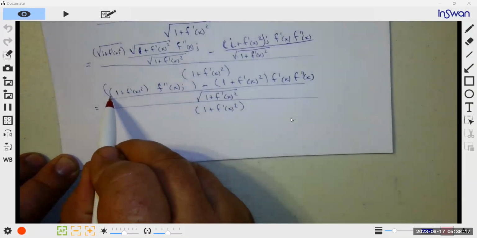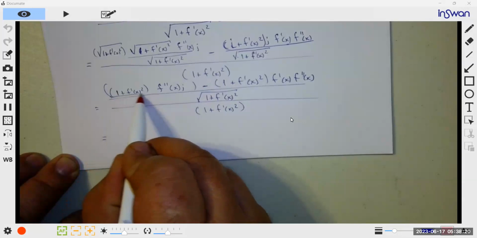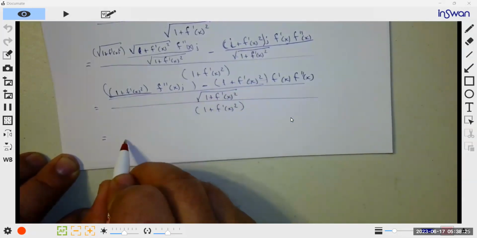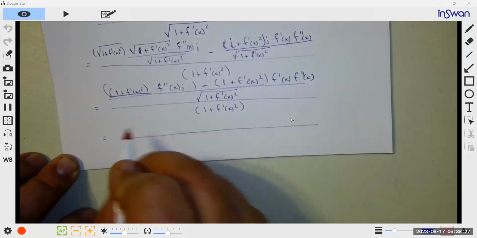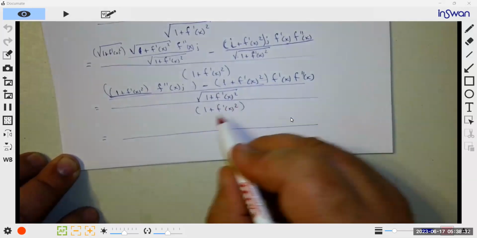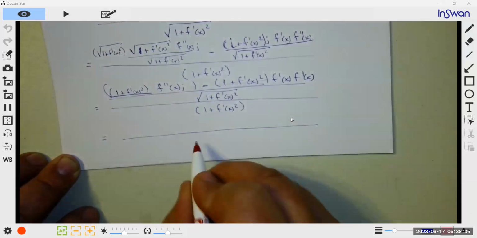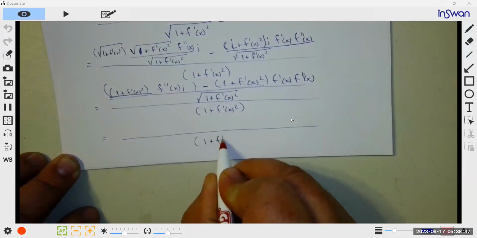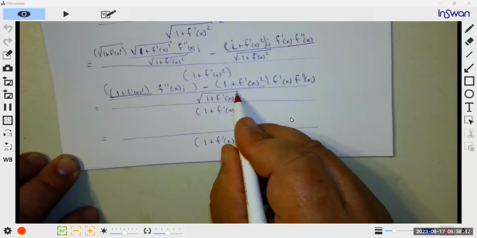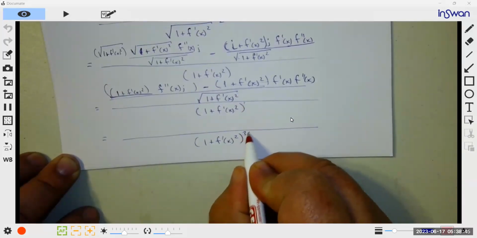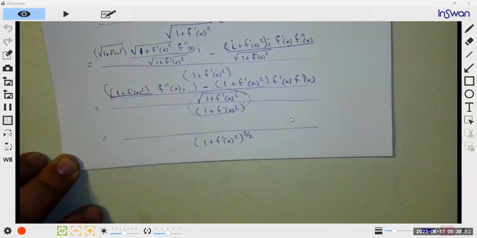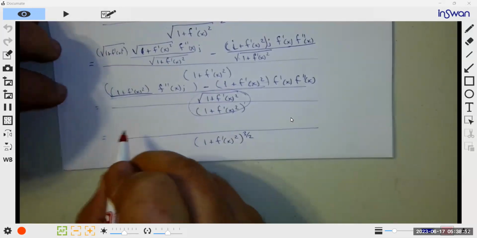Okay, we have this and this. We can factor out the top. Well, let's combine these. If we flip this over, then we have 1 plus f prime of x squared, this is 1, that's a half, so it's 3 over 2. Let's combine these two. So I have to worry about the top.